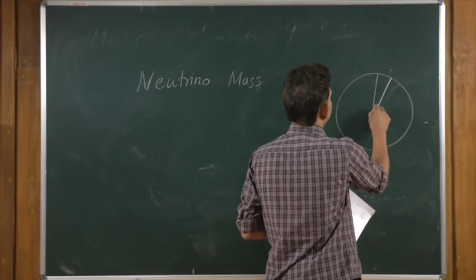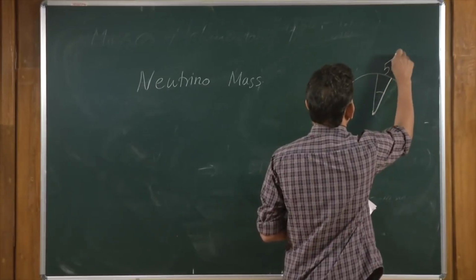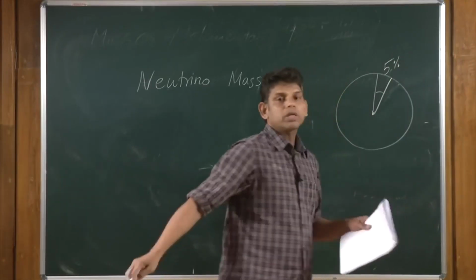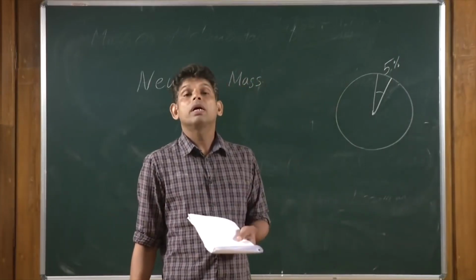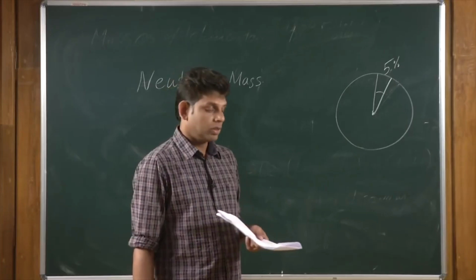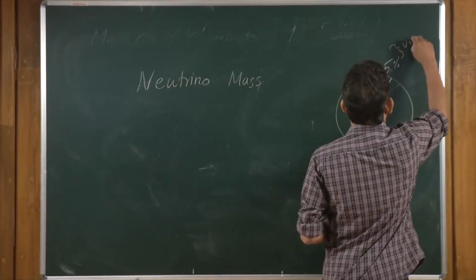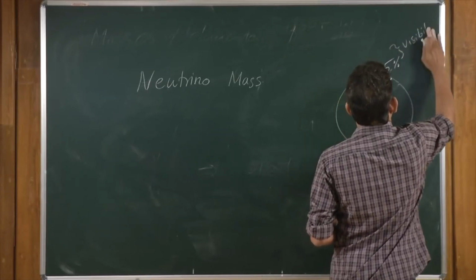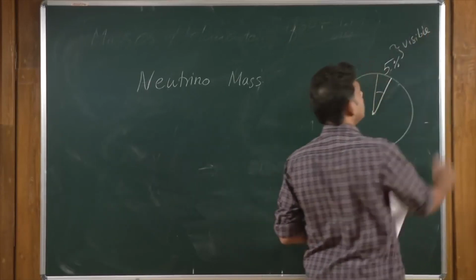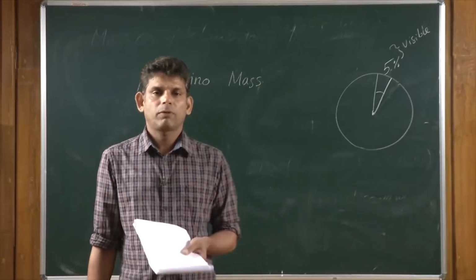So, apparently observations lead to the fact that only about 5% of the total mass of the universe is understood through the visible observations that we do.